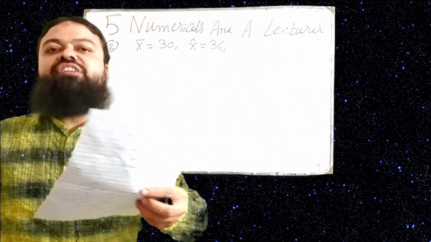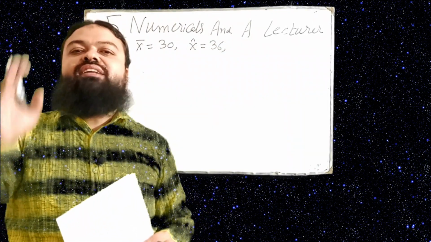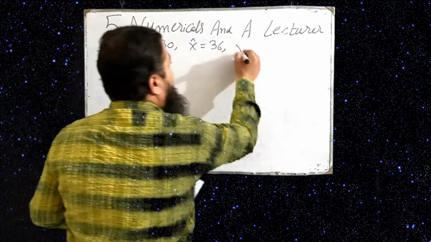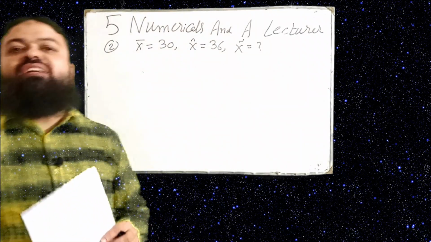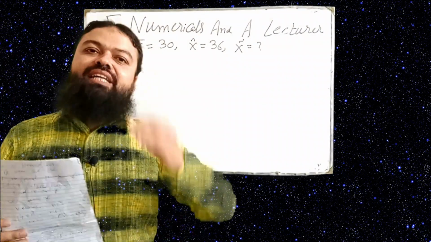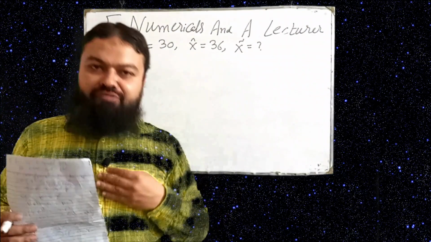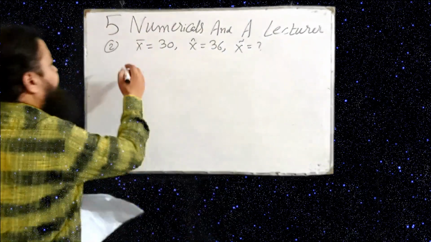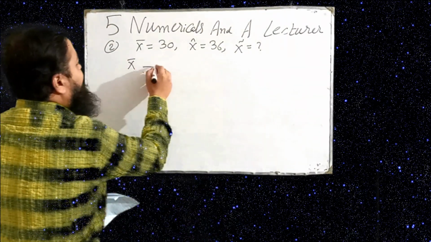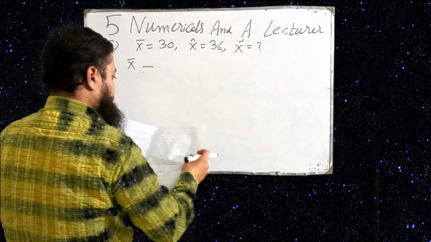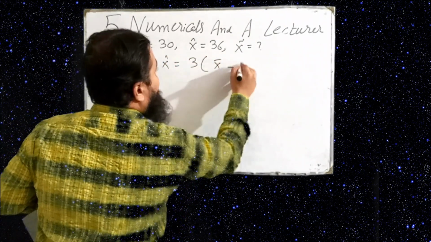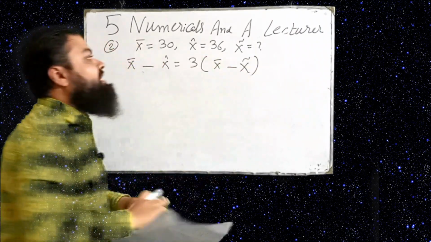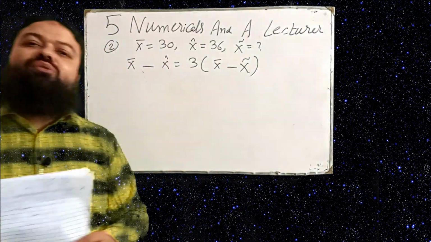You will have to calculate the median of the distribution. A very important question according to the PPSC FPSC paper of statistics. In a moderately skewed distribution, we know the relation. The relation is mean minus mode is equal to 3 into mean minus median. This is the relation in a moderately skewed distribution.